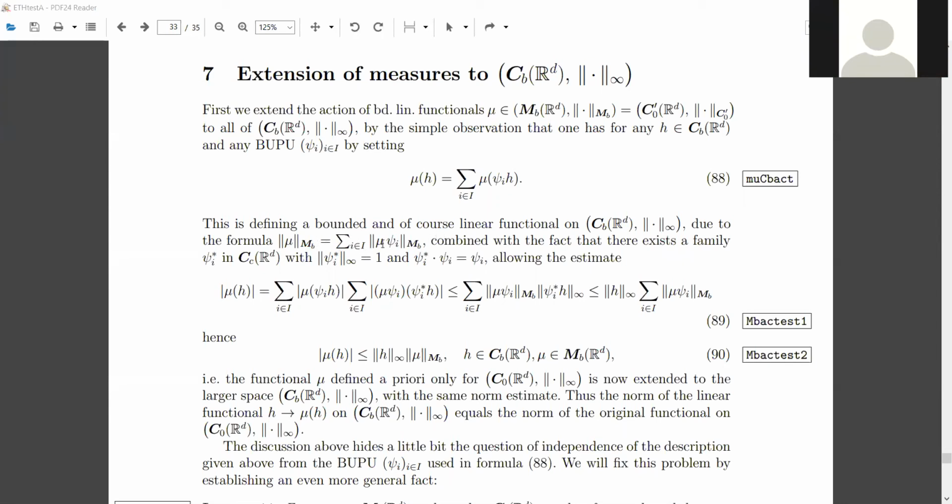Also, for some trick that I would like to apply, I will use some functions psi_i star, which are reproducing the psi_i. So if you think maybe this psi_i is a triangular function at any position, take a trapezoidal function, which is a constant 1 on the support of the psi_i, but a little bit larger.